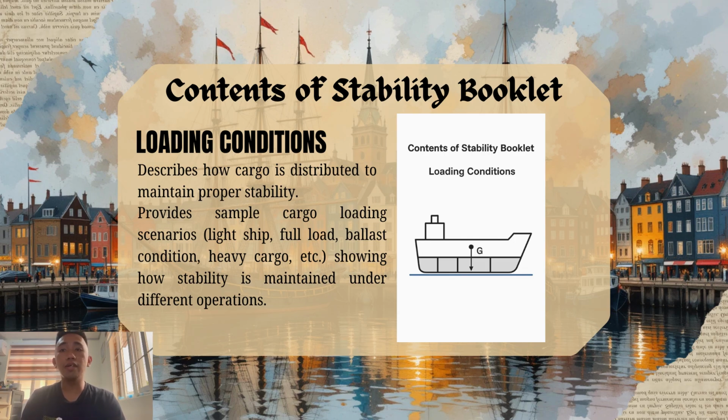Key factors are the weight and location of loads, hull strength, and ship draught, the depth of submersion, all of which are continuously monitored during loading and unloading operations. Overall, loading conditions describe how the cargo distributes the weight and maintains the proper stability of the ship.